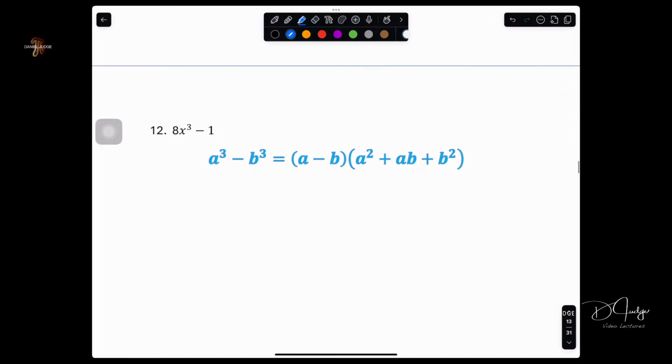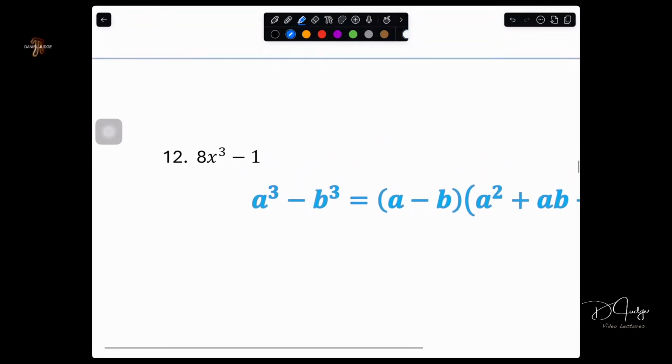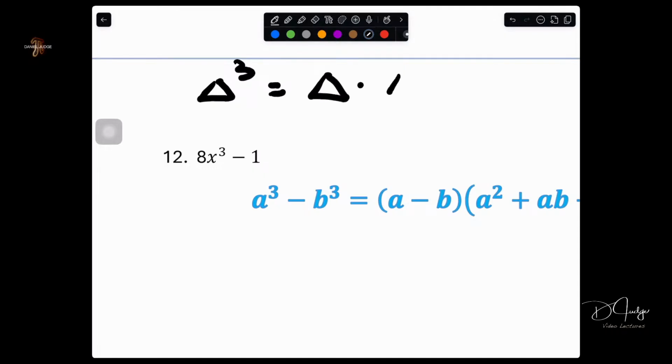Okay, 8x cubed minus 1 now. So going back again and reminding people, any base to the third power is a perfect cube, and that, by definition, is repeated multiplication.